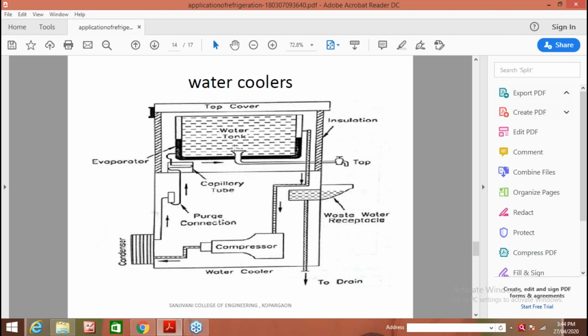Now there is a tap to take cool water out. Understood? We have seen today the domestic refrigerator and water cooler.